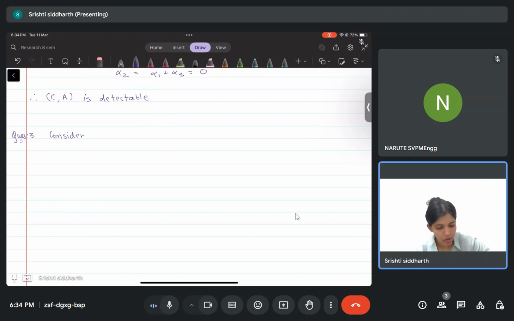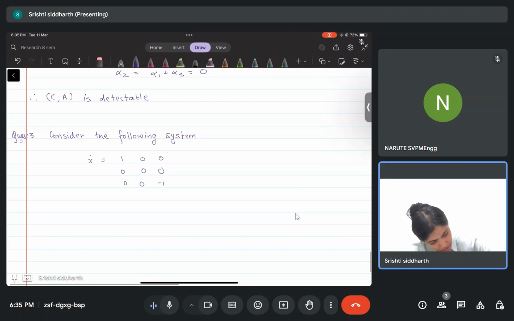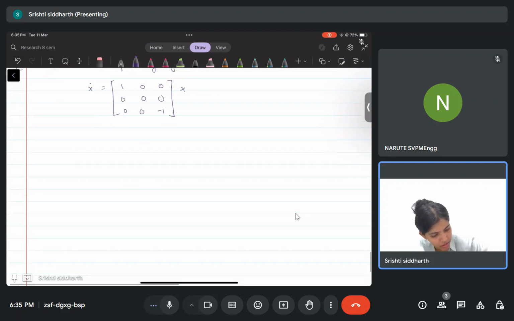So consider the following system. x dot equals 1 0 0, 0 0 0, 0 0 minus 1, times x.